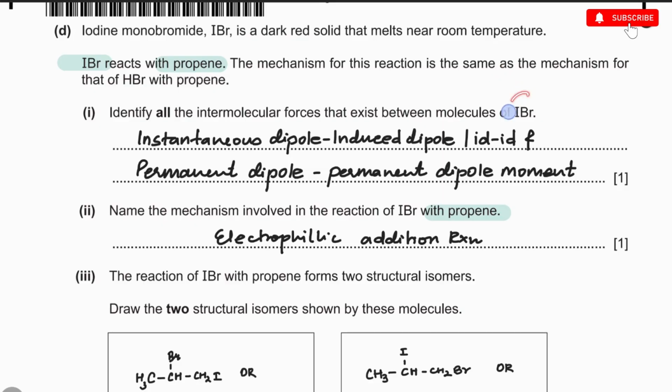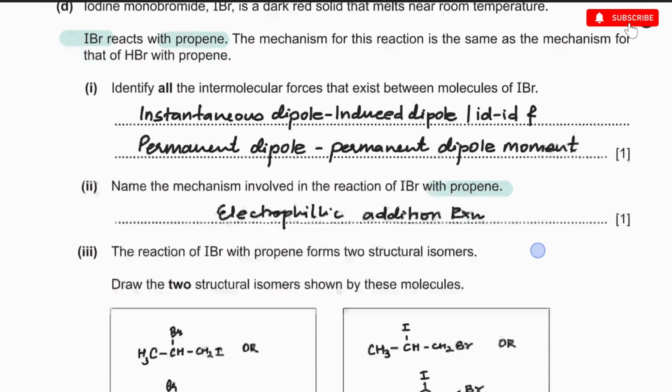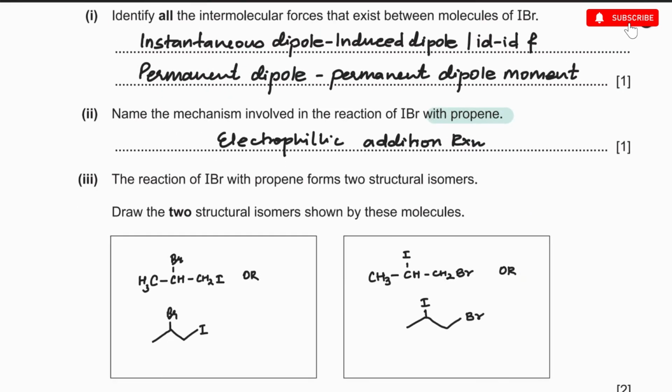And talking about IBr, the atoms have different electronegativities, and that's the reason it is polar covalent. So over here, we call it permanent dipole, or permanent dipole moment. You can also say PD-PD. This is the first identification for the intermolecular forces. Next, name the mechanism involved in the reaction of IBr with propene.